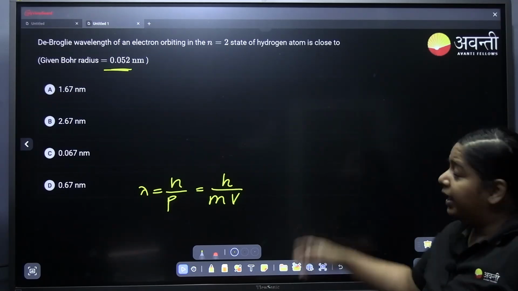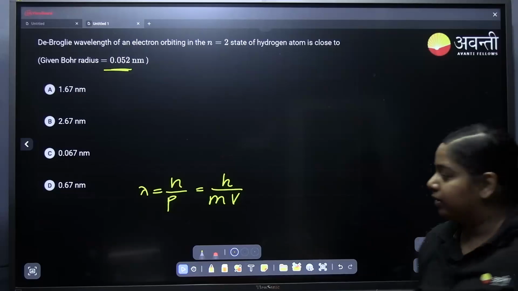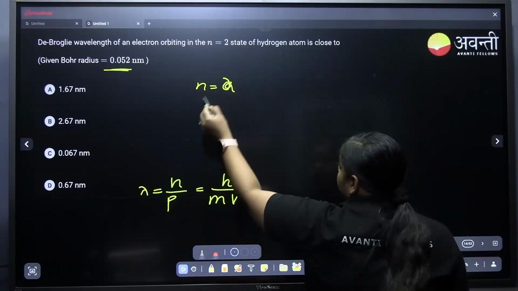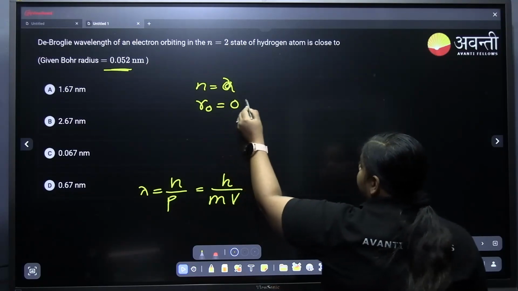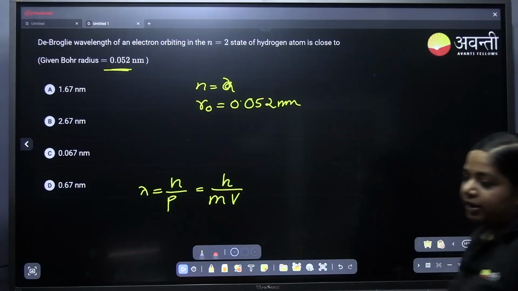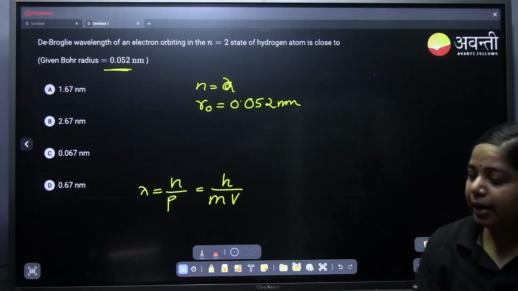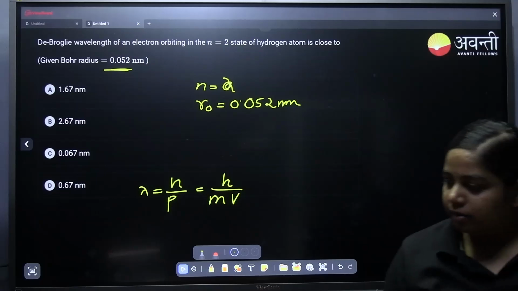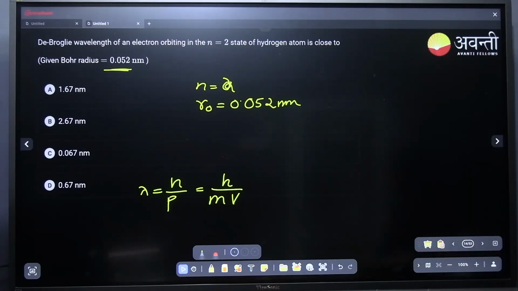See, n equals 2 is given, and r naught equals 0.052 nanometer is also given, but for finding lambda we need velocity. So we should be able to connect these given things into velocity.